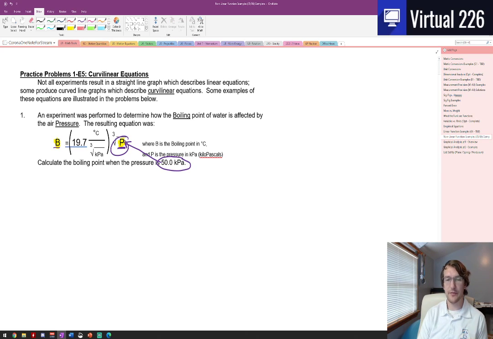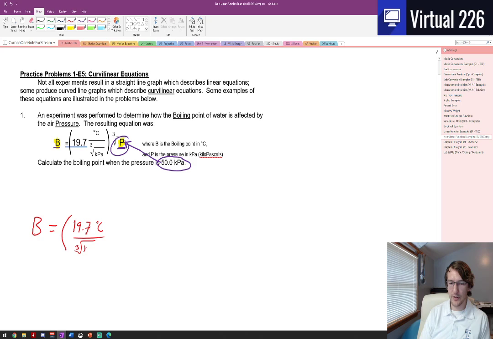So the setup of this will look as follows. The boiling point will equal our 19.7 degrees C per cube root of kilopascals. Kind of looks weird, but it's just a unit, multiplied by the cube root of 50.0.